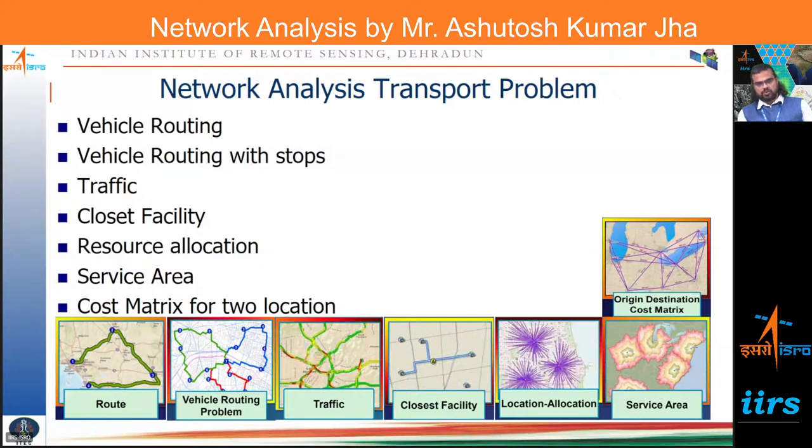Then you also have resource allocation. That is basically when you have multiple resources, and you would like to know the catchment area of each location. That gives an idea of a particular service system. It also tells you, in general, the expected and average time to serve a whole area.